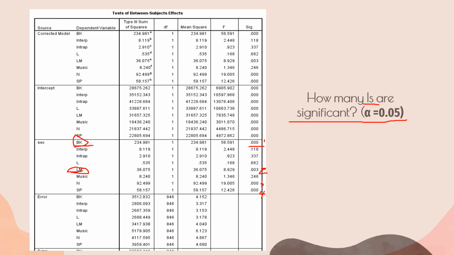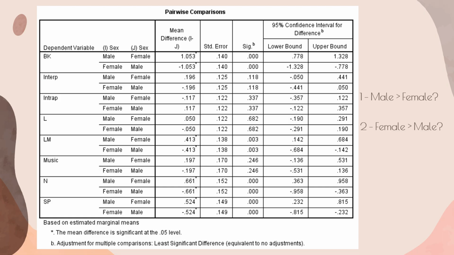Logical mathematics is significant. And nature. I think biotechnology is good at nature, right? So it's significant. Spatial. And you can see the detail right here. So male greater than female on the BK. You have to realize if it is significant, you make a pairwise comparison that makes sense.